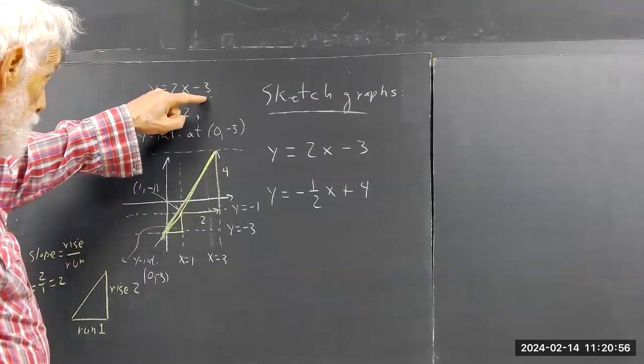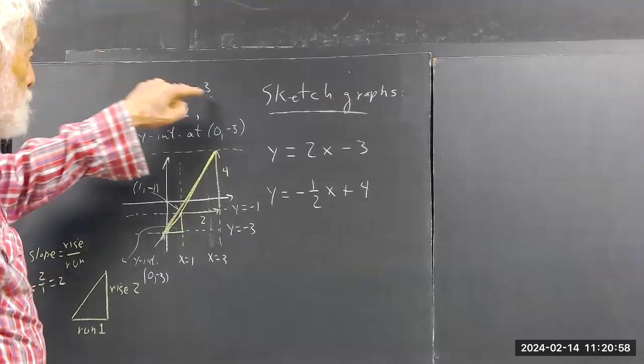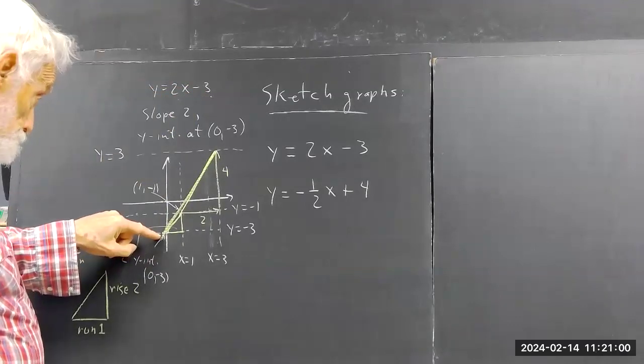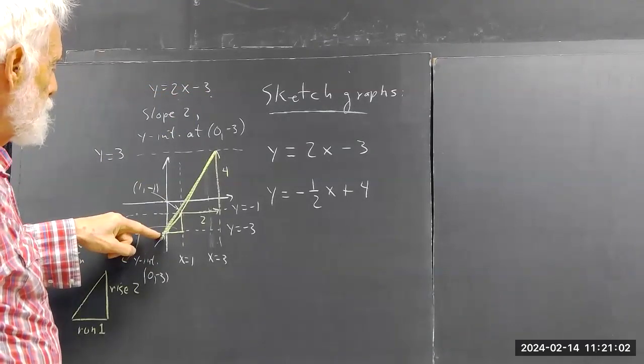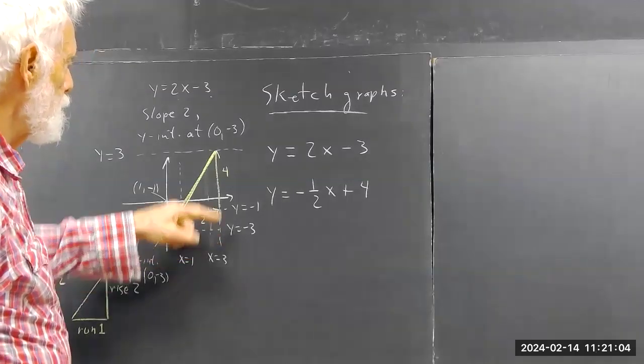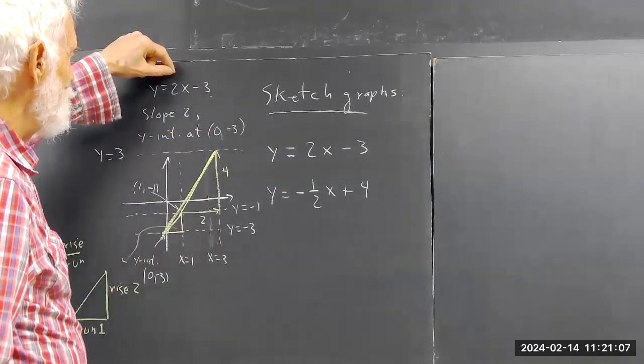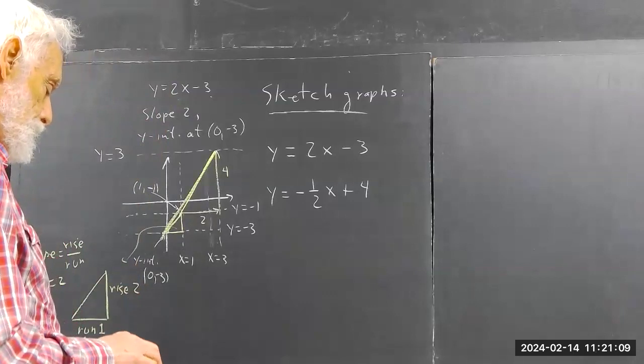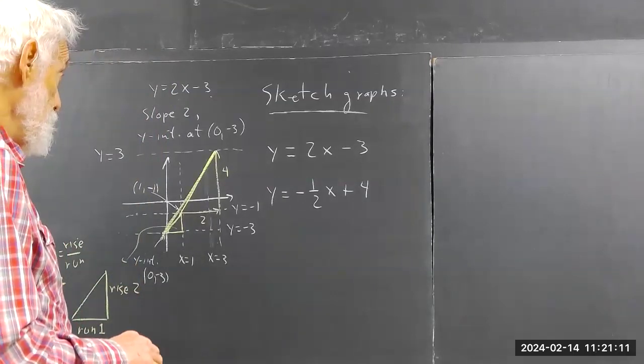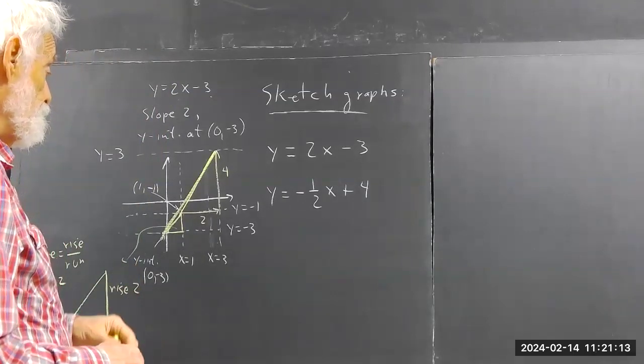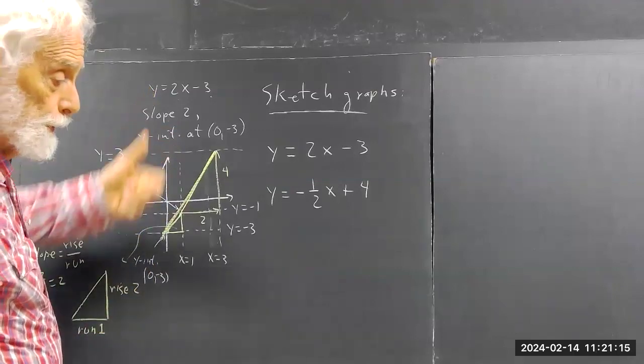We can always graph the intercept when we're in this form, and then we can always go over however far we want and up through the according rise.